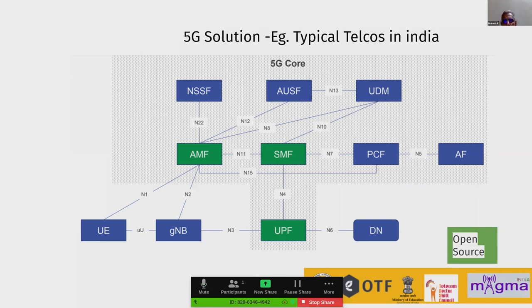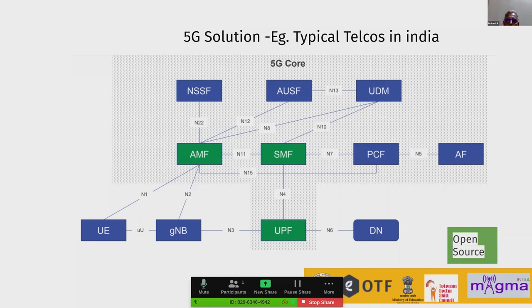And then obviously you need to connect to a data network, and the data network could be at the breakout in the edge, or it could be beyond the core in the cloud, which is a longer distance with higher latency. But essentially, they need to have additional functions like application functions running in those data networks, and it could be SIP, it could be IMS, any of these applications which provide media applications or anything.